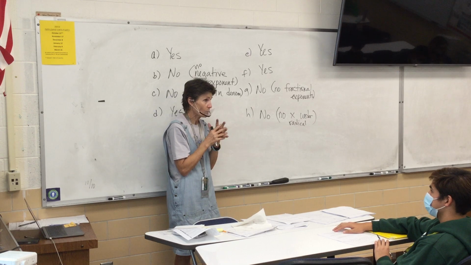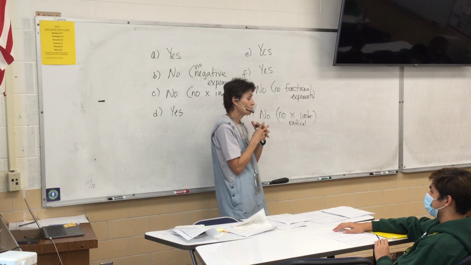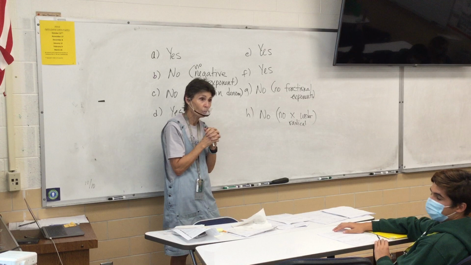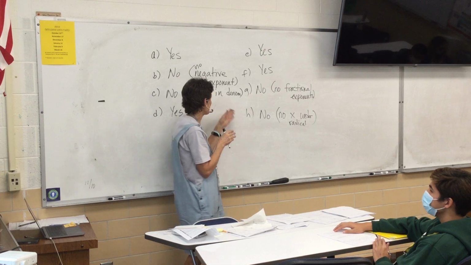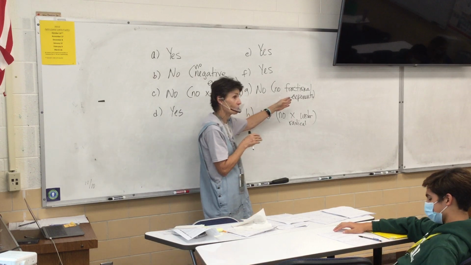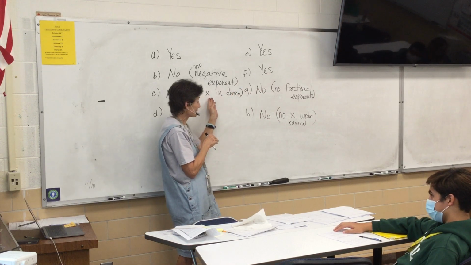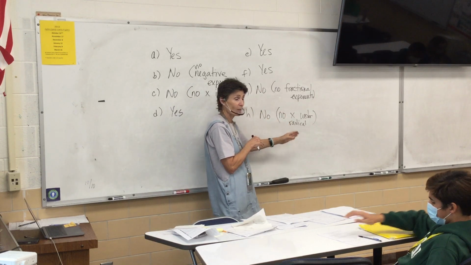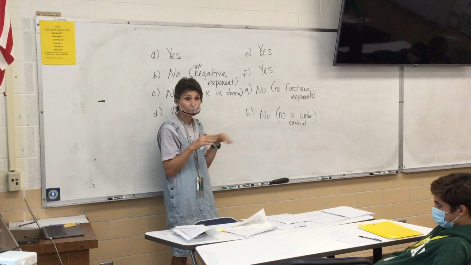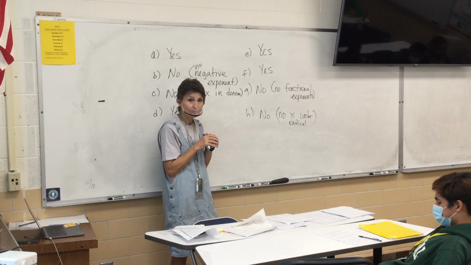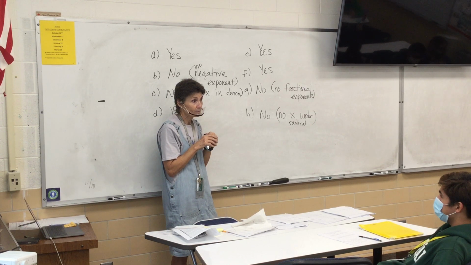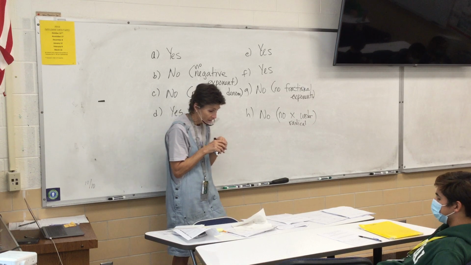Because that will be a test question. It will say, is this a polynomial function? If not, why not? And if it has a negative exponent or a fractional exponent or an x in the denominator or an x under the radical, it's a no. Otherwise, it's a yes. Got it? Okay.